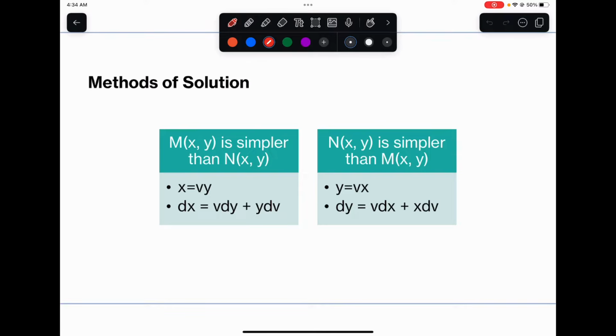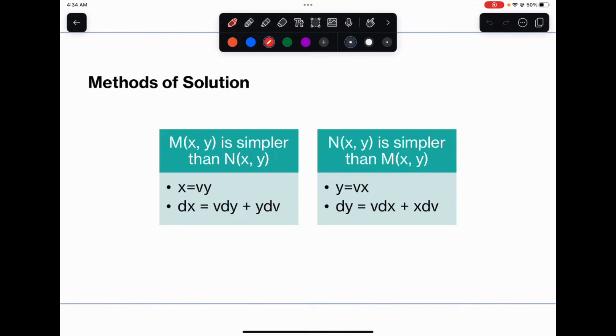If the M function is simpler than the N function, meaning there is a smaller number of terms for the M function as compared to the N function, then we use x equals vy, and we derive dx to be equal to, by the product rule for vy, v dy plus y dv.